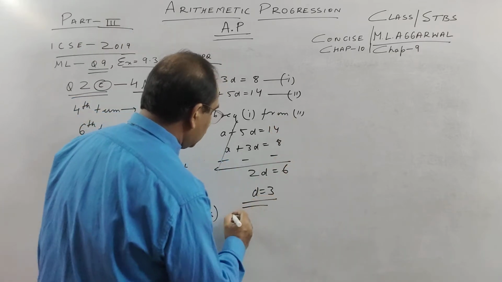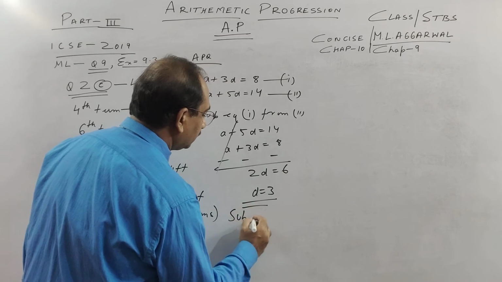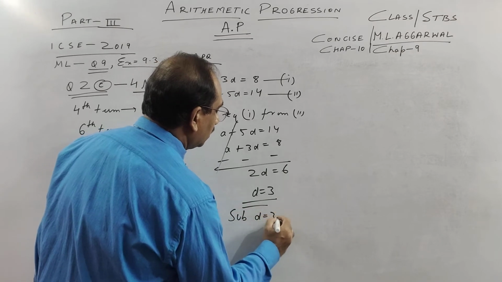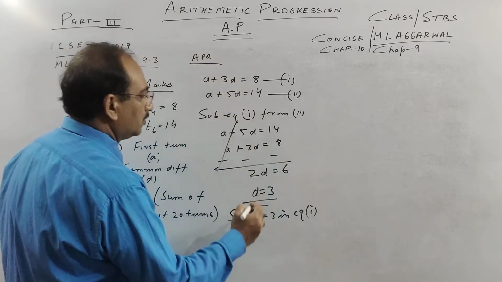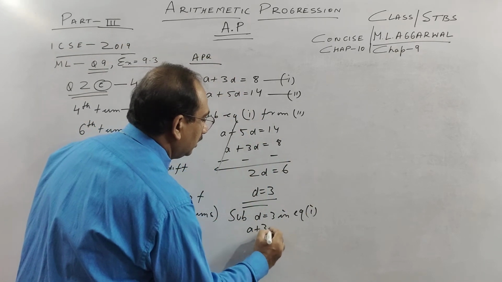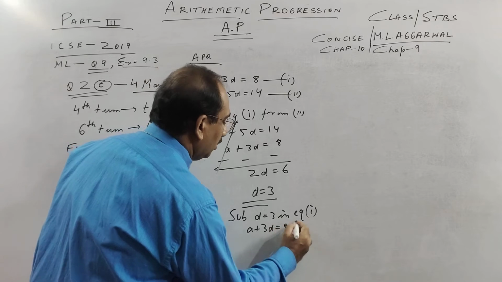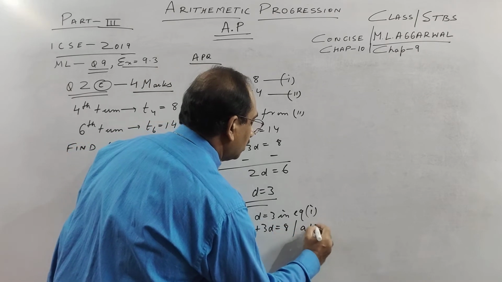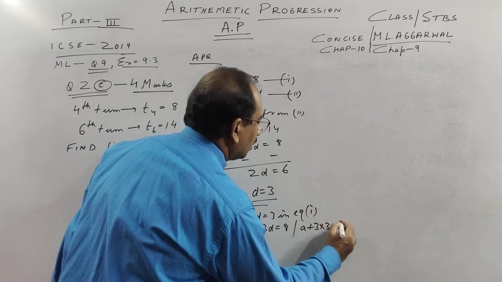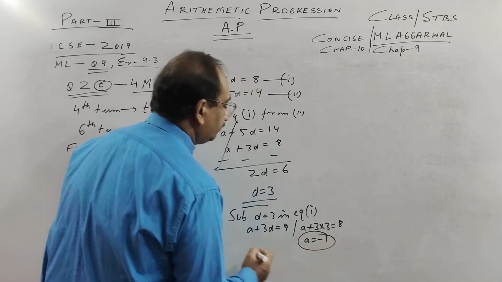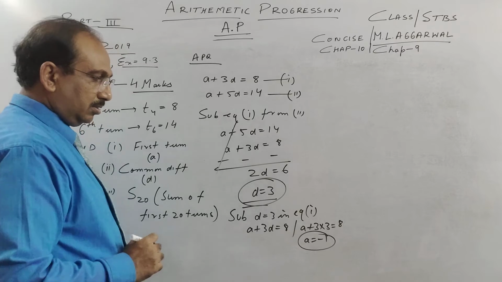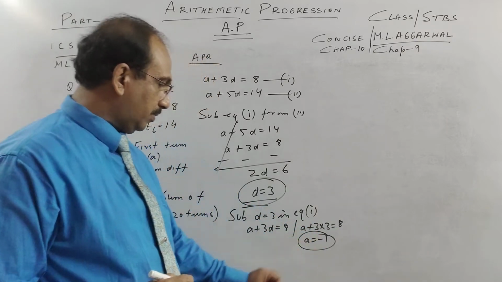Now substituting this value d is equal to 3 in equation 1, because equation 1 is generally smaller, you see. A plus 3d is 8. So in place of d we put 3. So children, you see we get a as minus 1. Okay, 8 minus 9 is minus 1.